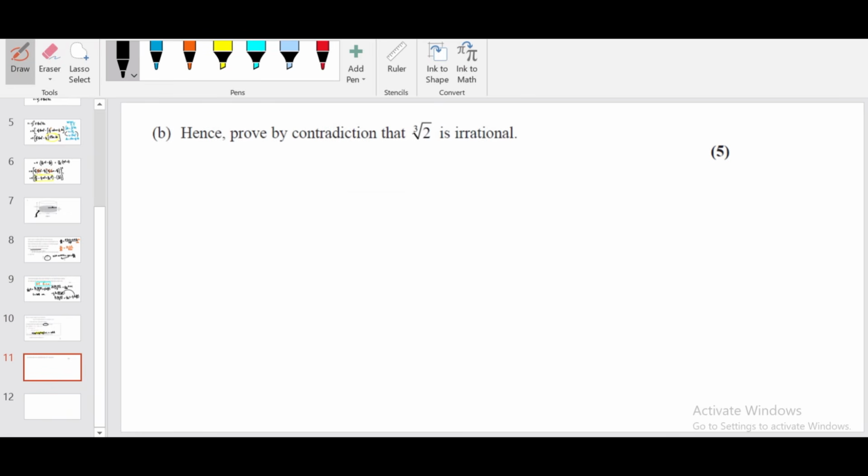Let's move on to part B, one of the common questions from proof. Proving square root of something is irrational. First you need to write the assumption. We are going to assume that cube root of 2 is rational.